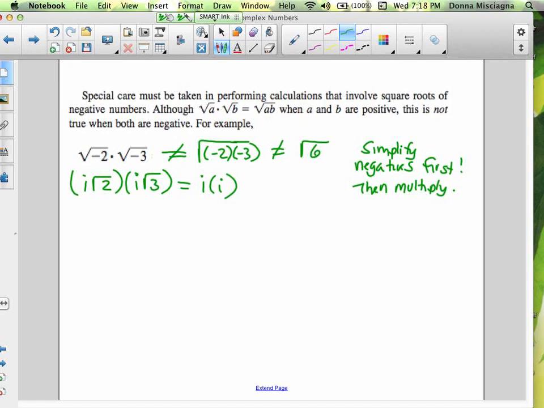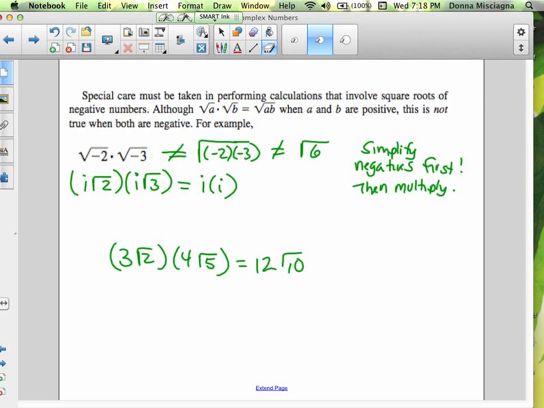And that would be true whether this was an i or this was a number, right? If I was multiplying 3 square roots of 2 times 4 square roots of 5, you would multiply the 3 times the 4 and get 12, and the square root of 2 times the square root of 5 and get the square root of 10. And then you simplify if you could. That's 12 square roots of 10.